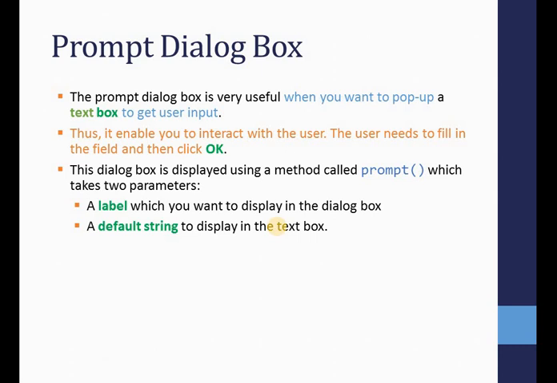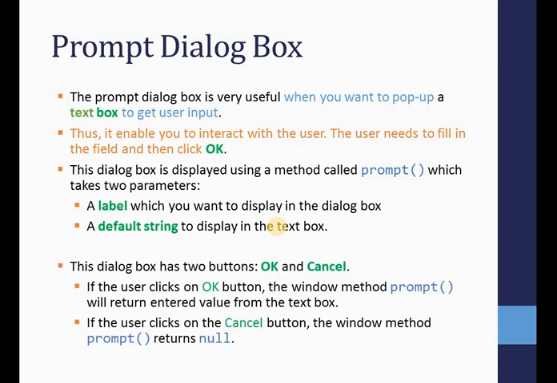The first one is the label which you want to display in the dialog box, and the other parameter is a default string to display in the text box. This dialog box has two buttons, OK and cancel. If a user clicks on the OK button, then prompt will return the entered value from the text box, and if the user clicks on cancel, the window method prompt will return null as the return value.